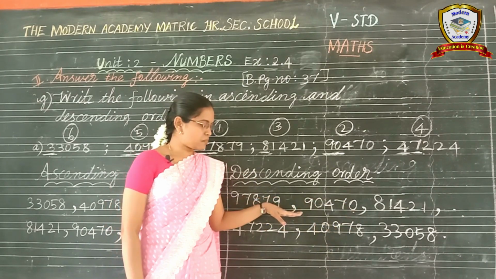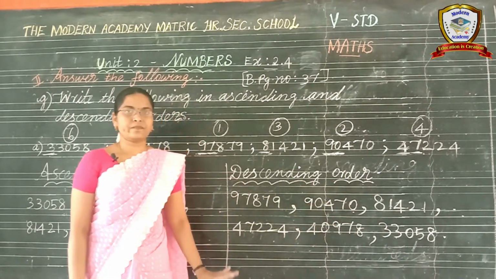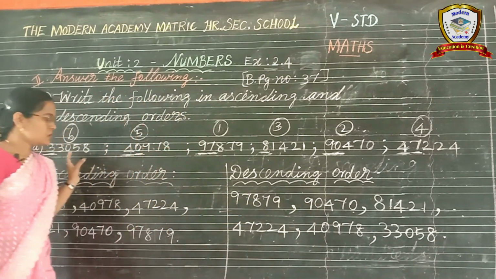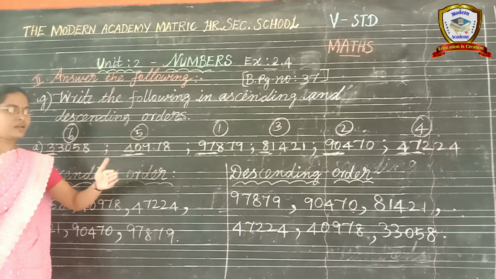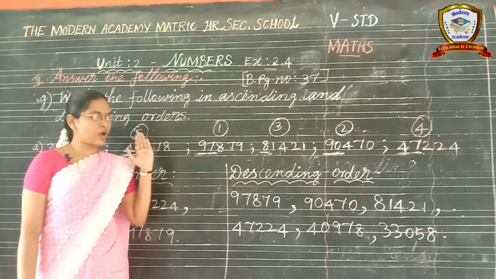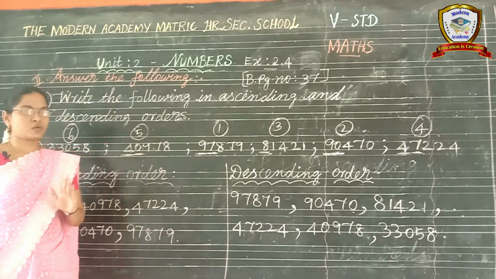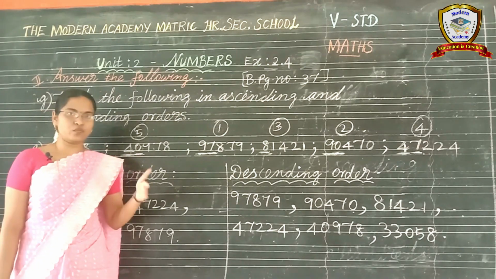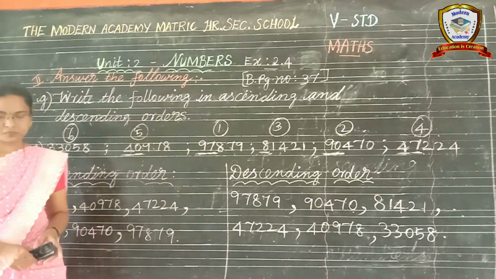Here we arranged the numbers from bigger number to smaller number. Can you understand? Ascending order means we arrange the numbers from smaller to bigger. Descending order means we arrange the numbers from bigger to smaller. So I am teaching only the A sum. The B sum is homework, the same model.